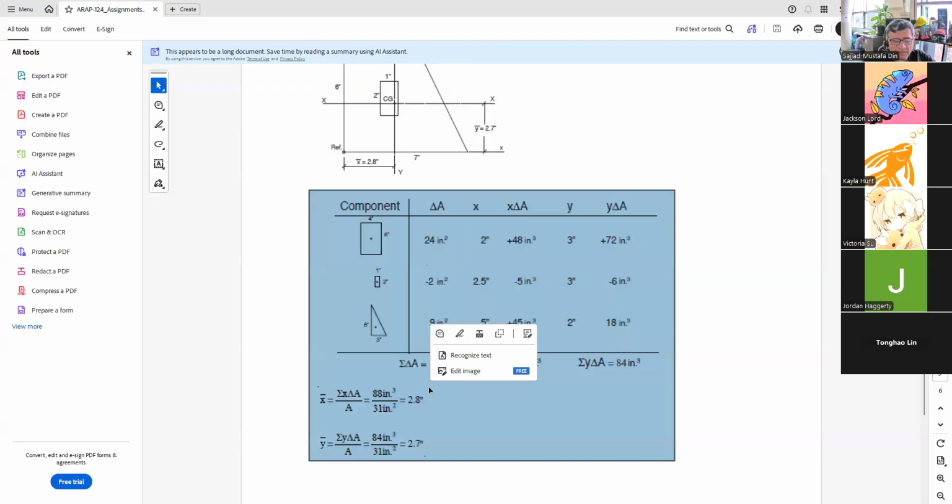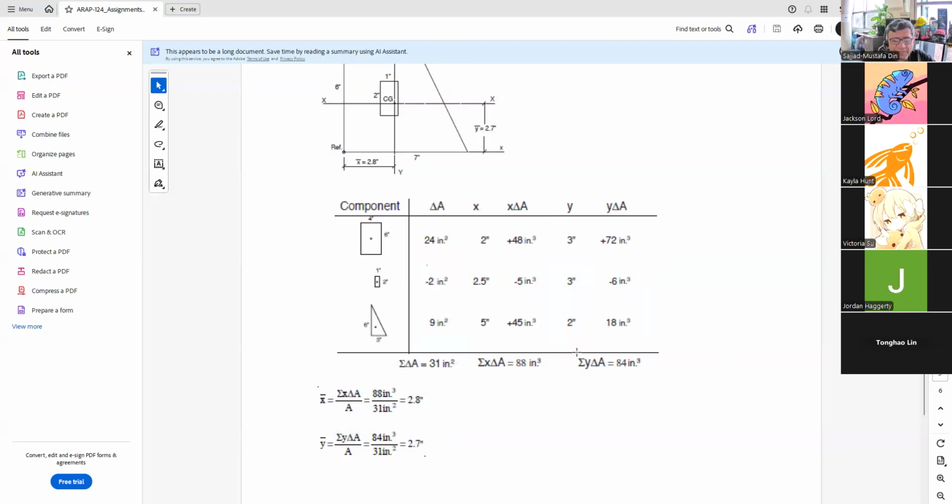It's 31. You add all of the x times delta a, that'll give you 88. And you add all the y times delta a, that'll give you 84. So go ahead and finish that off. I'll give you guys about 5 minutes to do that. Or maybe 10 minutes, and then we'll work on the next one.